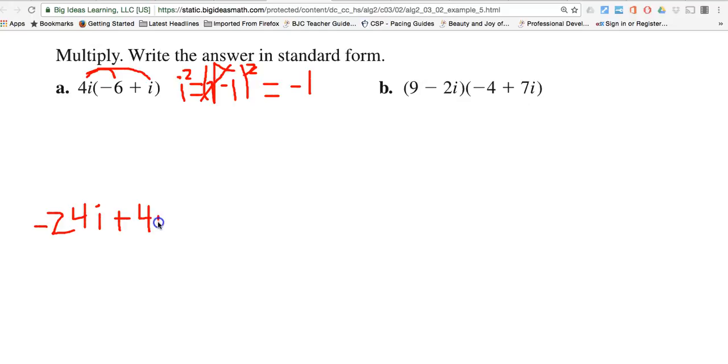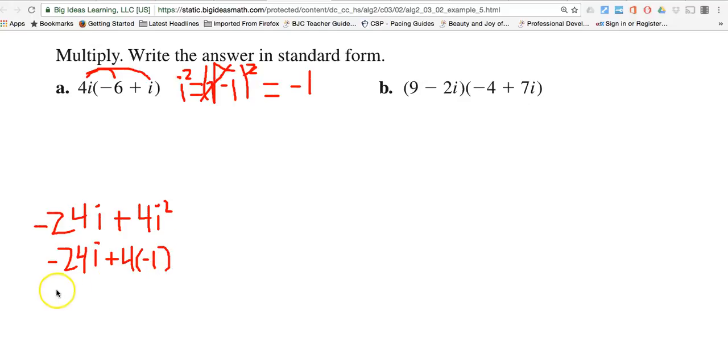Remember, i times i is i squared. So we end up with -24i plus 4i squared. But we know if we go ahead and replace i squared with -1, which we know by definition i squared is equal to -1, we end up with plus 4 times -1.